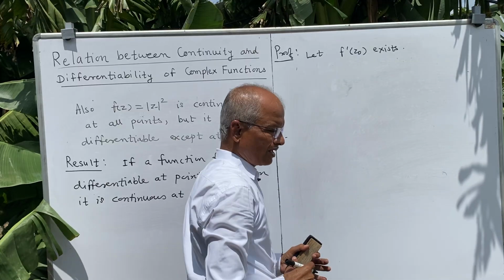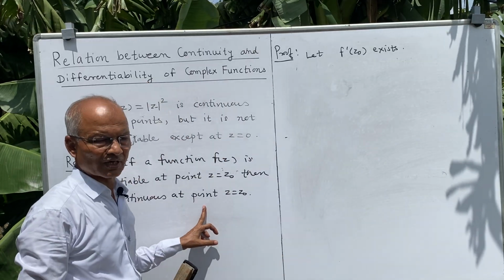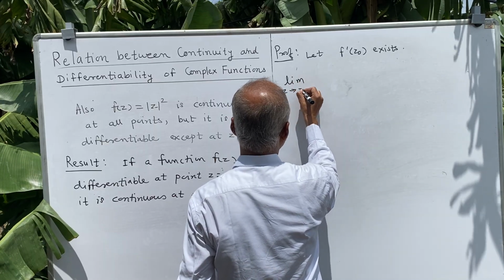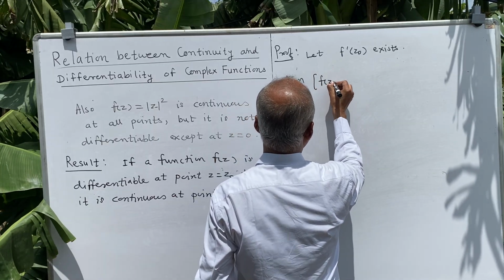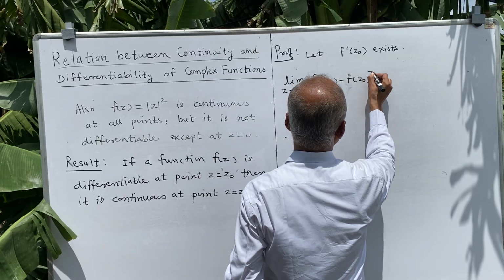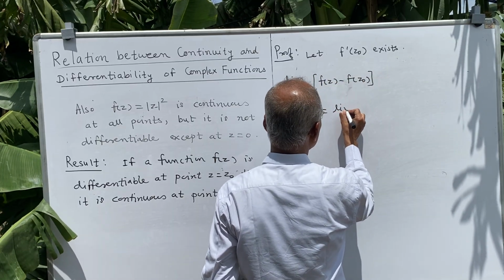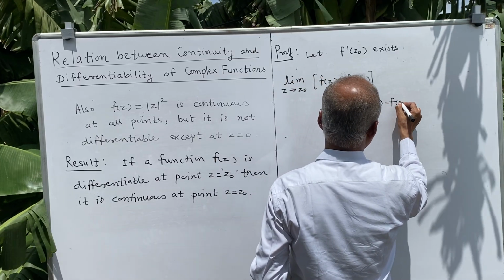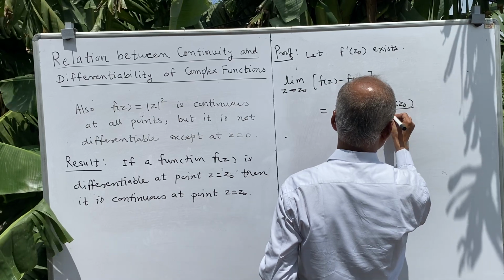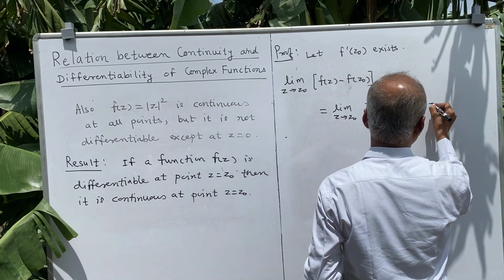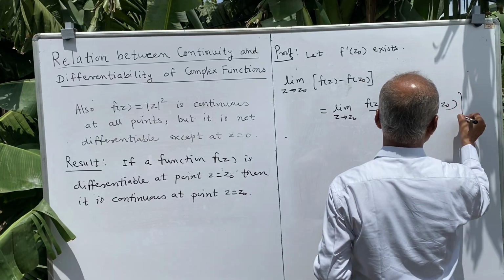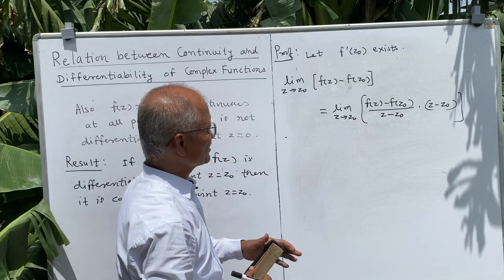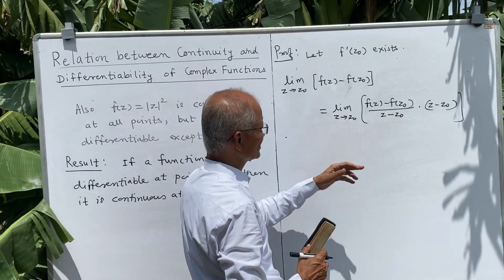We have to prove the function is continuous at z equal to z0, and therefore we shall consider the limit as z tends to z0 of f of z minus f of z0. We express this as the limit of f of z minus f of z0 divided by z minus z0 and multiplied by z minus z0. The value remains the same because z is not equal to z0 as z approaches z0.